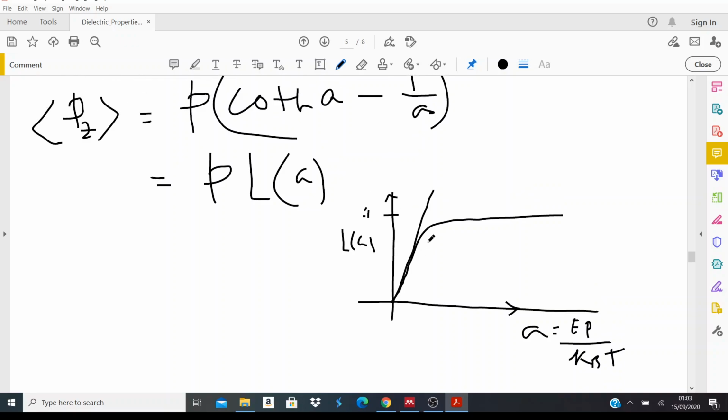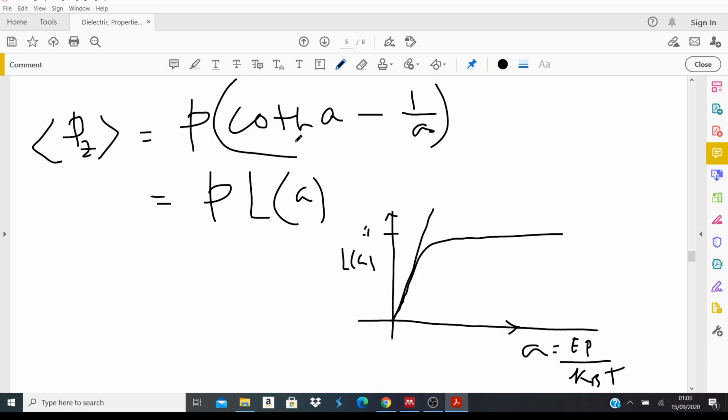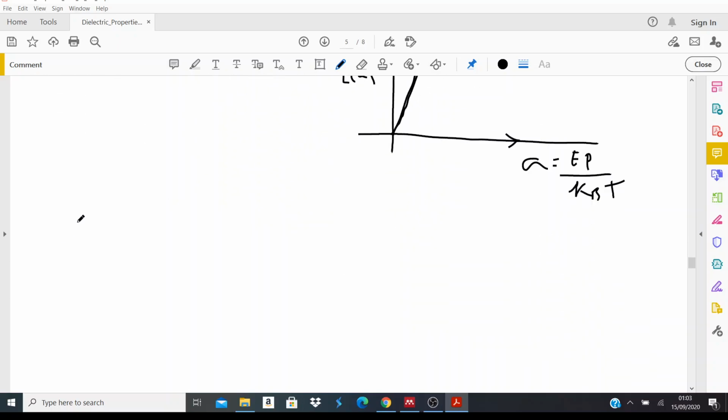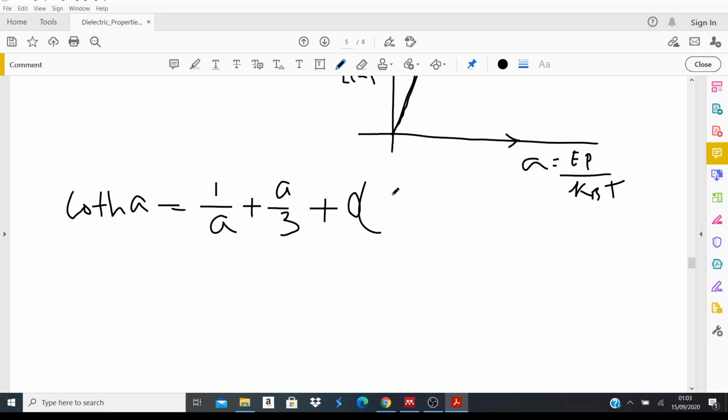So let me find the expression for the Langevin function for small values of a. The idea is that the coth a can be expanded in powers of a. That's 1 by a, then a by 3, then a term of the order of a cube.